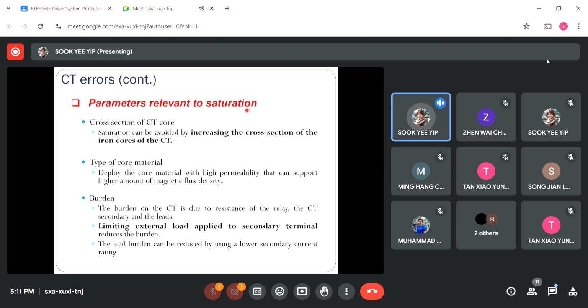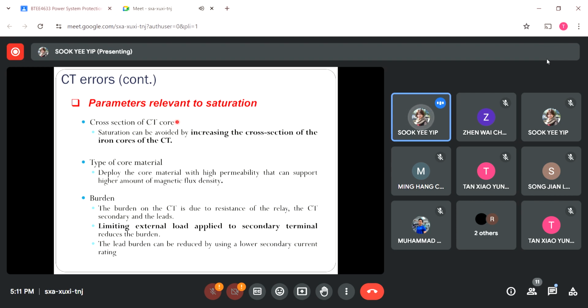We know that the error comes from the magnetizing current. So the first way to remove the error due to saturation of the current transformer is by changing the cross-sectional area of the current transformer's core. This core has specific dimensions, and with these specific dimensions, the core is able to store an amount of flux.